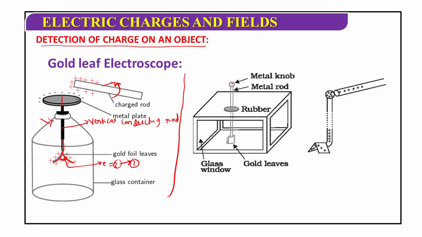The metal rod is inserted in the box with two thin gold leaves attached to its bottom end.